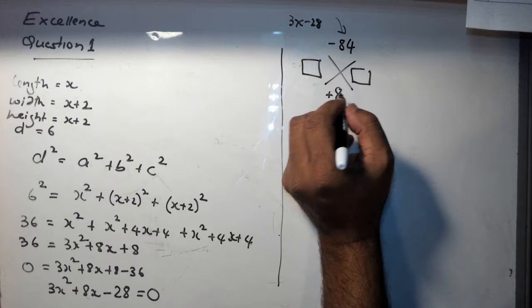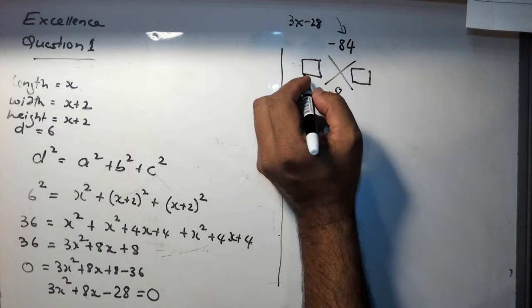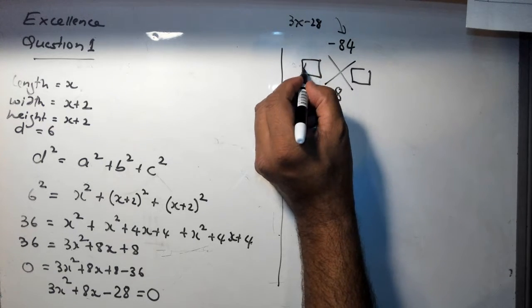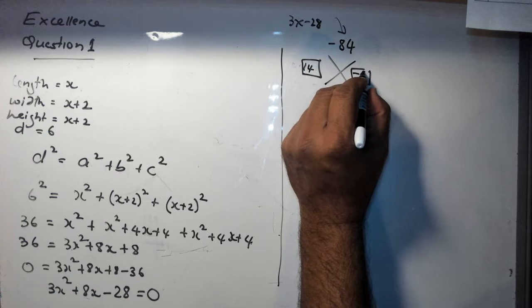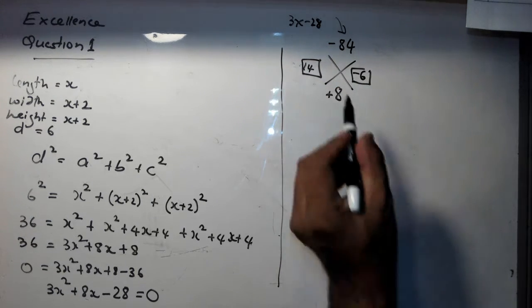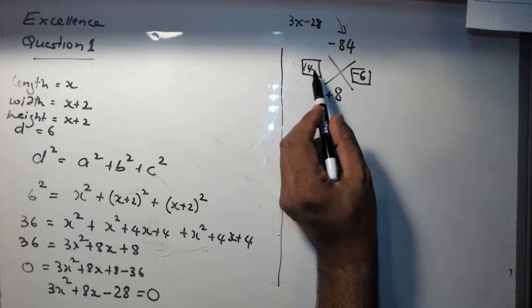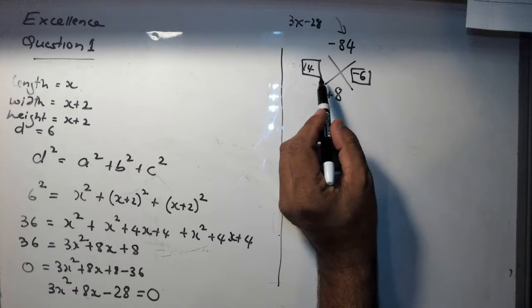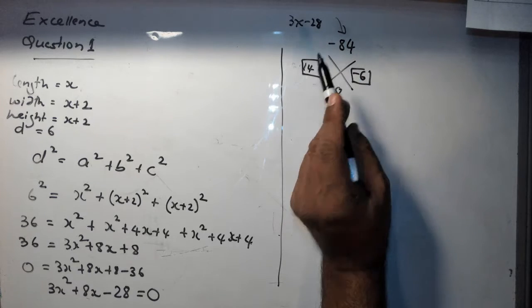So the numbers that come to my mind right now are 14 and negative 6. So 14 minus 6 is going to be positive 8, and 14 times negative 6 is going to give me negative 84.